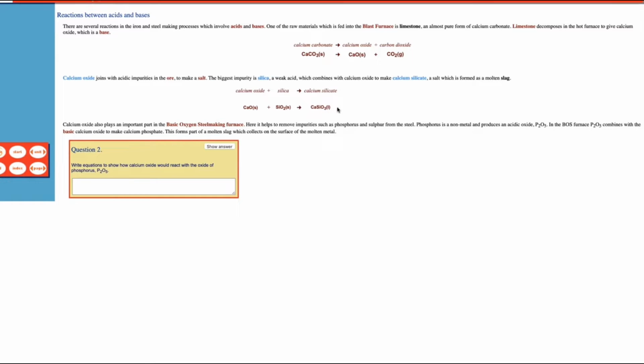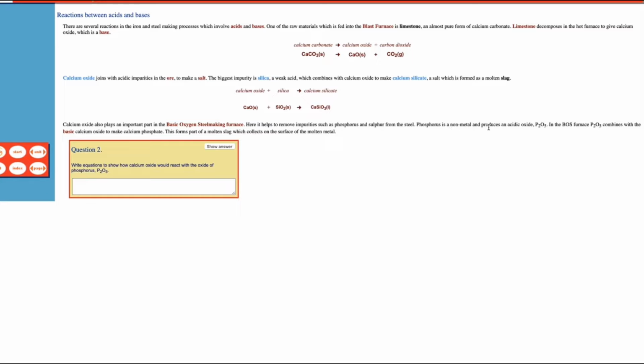So this is slag. Calcium oxide also plays an important part in the basic oxygen steel making furnace. Here it helps to remove impurities such as phosphorus and sulfur from the steel. So you see, its role is to react with the impurities.